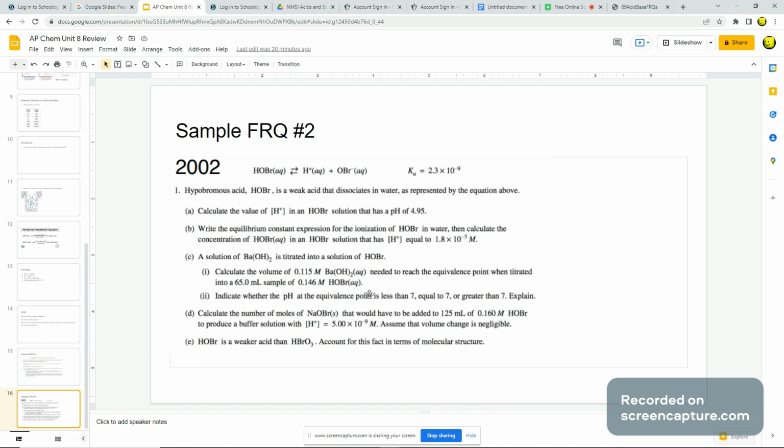Calculate the number of moles of NaOBr solid that will have to be added to 125 milliliters of 0.16 molar HOBr to produce a buffer solution with a concentration of hydrogen of 5 times 10 to the negative 9 molar. Okay, so this one you gotta use the Henderson-Hasselbalch equation. We're given the concentration of hydrogen, so we can find the pH.